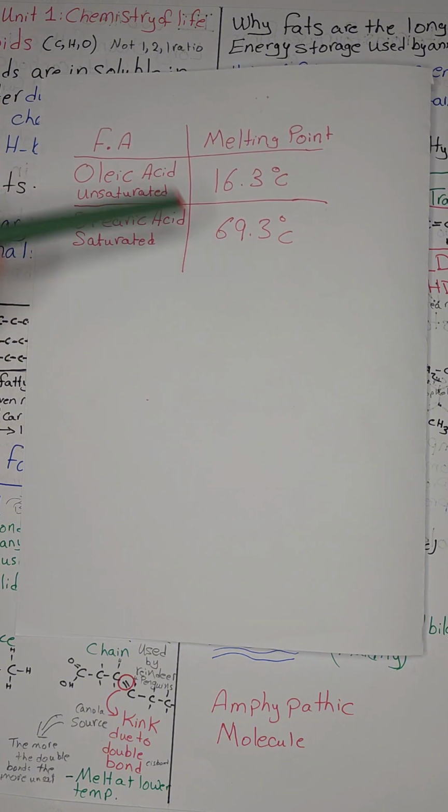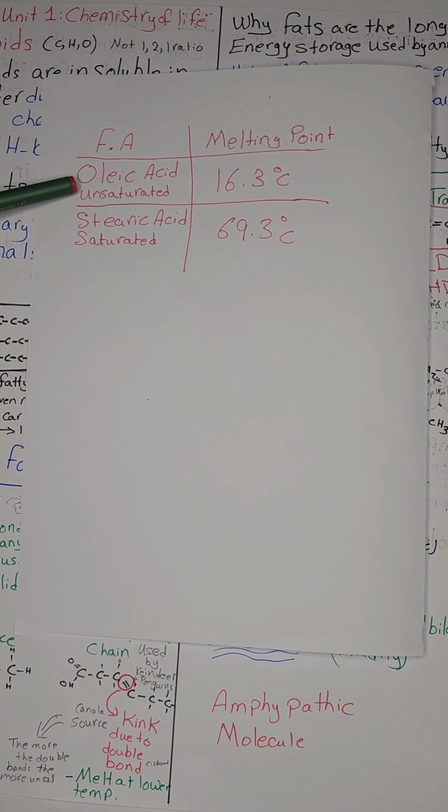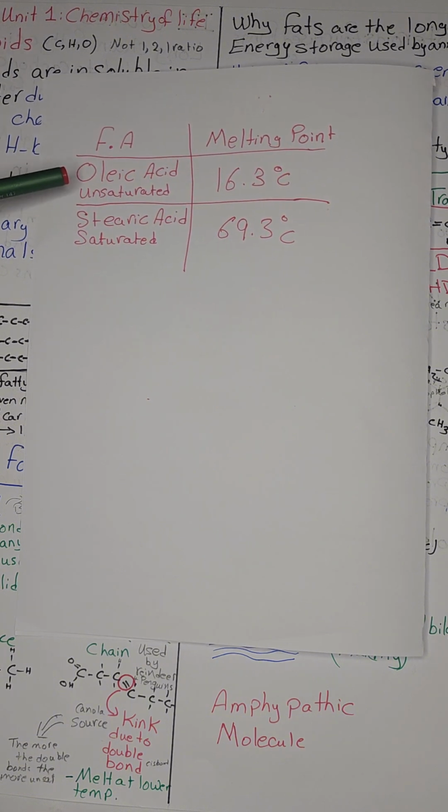So the dependent variable is the melting point. In the last part of this question, they said that cell A has unsaturated fatty acids with a higher percentage than cell B. So which one has a cell membrane that is more flexible? Of course, cell A. And then they said, prove your answer.